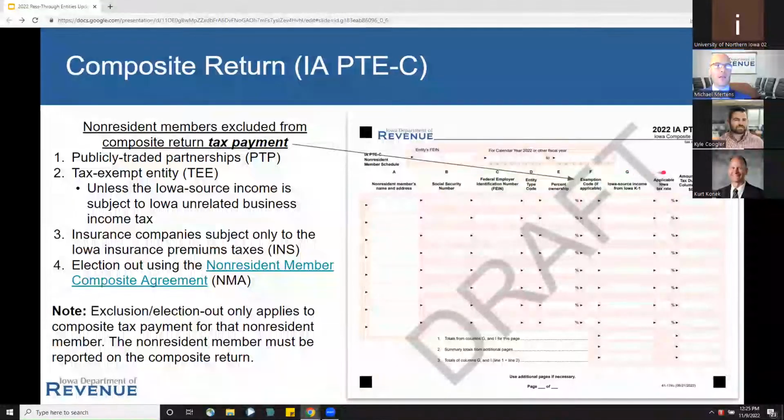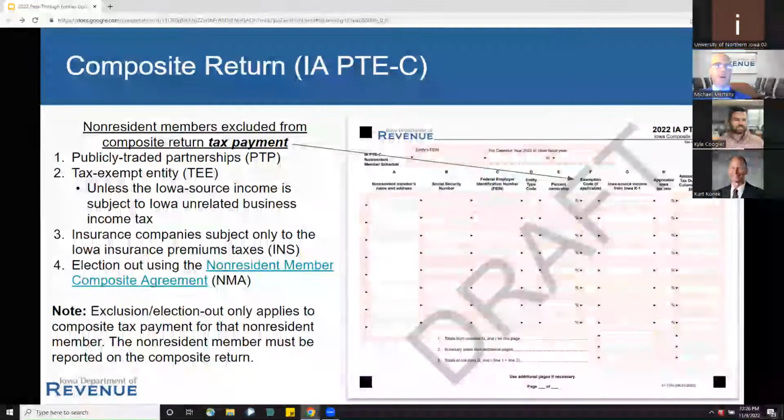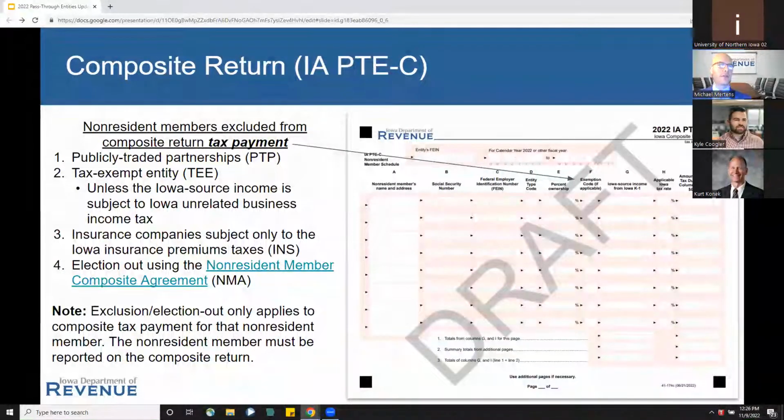You would not need to fill out columns G, H, and I, which is really the composite tax calculation part of the non-resident member schedule. For all other non-resident members who are not exempt or who have not elected out, you're going to be filling in columns A through I for each non-resident member.